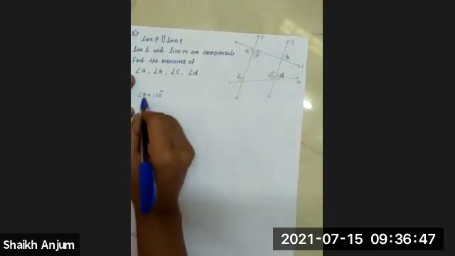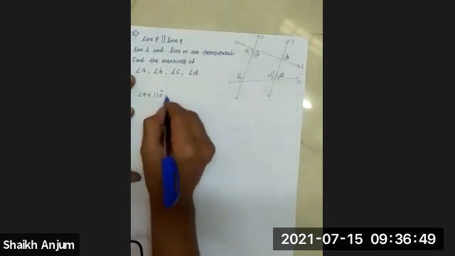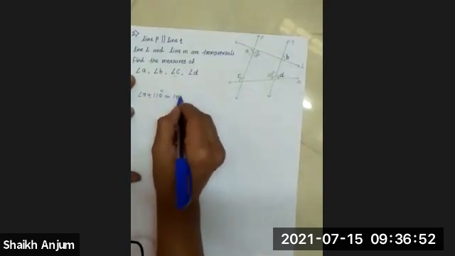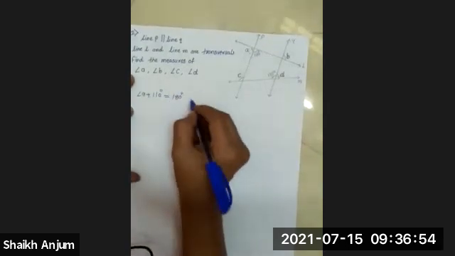Angle A plus 110 degree together is supplementary, means 180 degree.